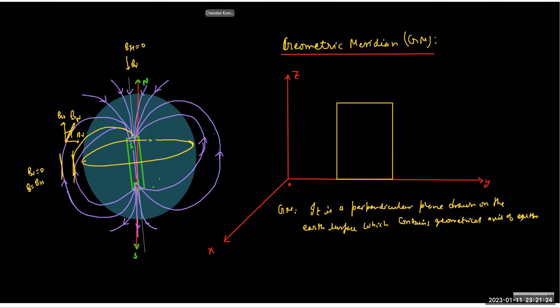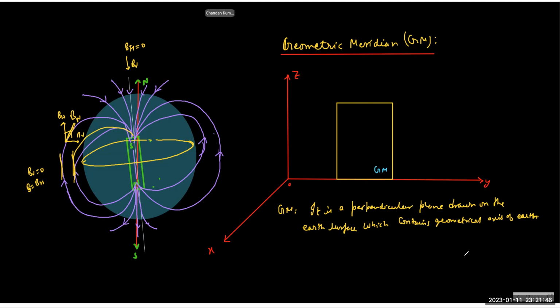Don't try to realize this, it is something like this. Even if you don't really understand what exactly is happening, it's okay. So GM only means draw a line and draw a plane on the Earth's surface, and imagine the extension of this plane is containing the Earth's geometric axis. That is the only idea.